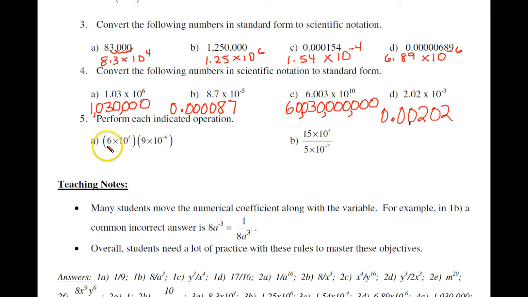Now here, I'm going to multiply 6 times 9 is 54. And this is 5 and a negative 9. So that's going to be 54 times 10 to the negative 4 power.